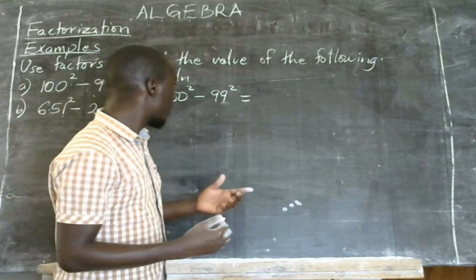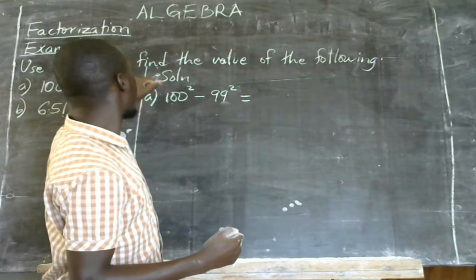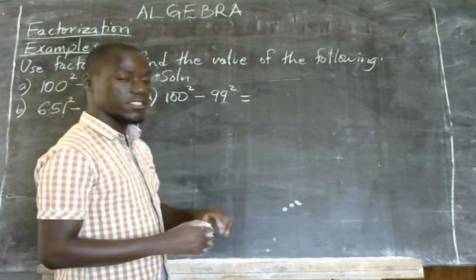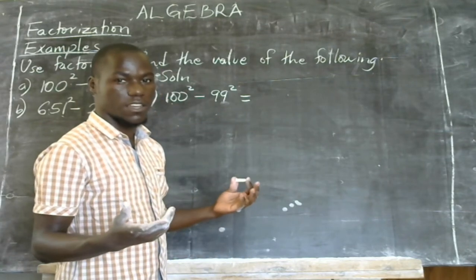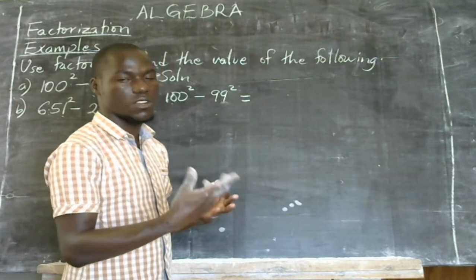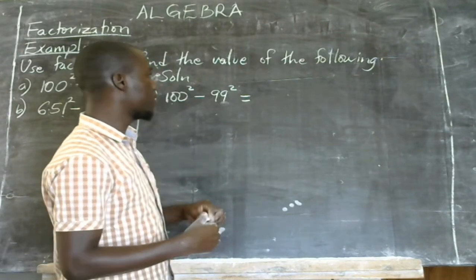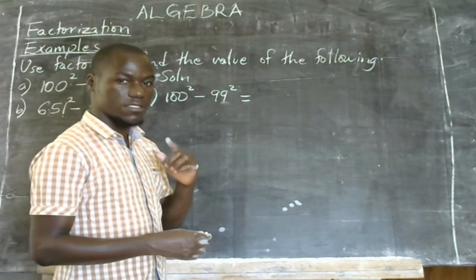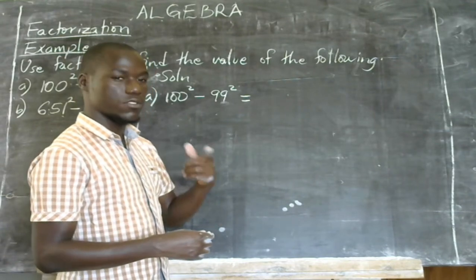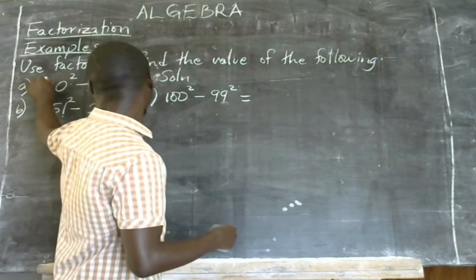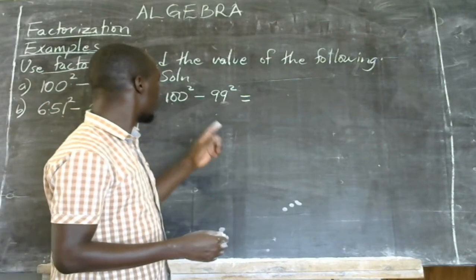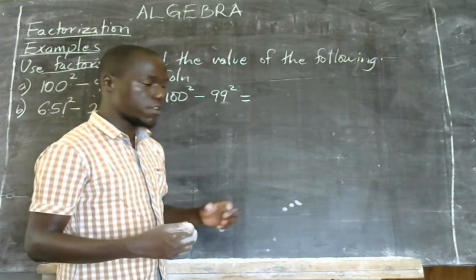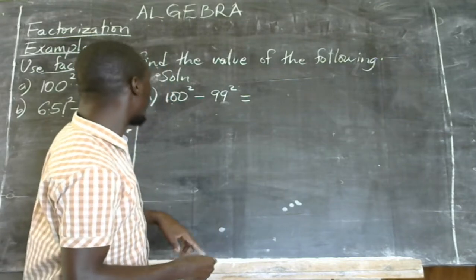Now the examiner can add on something like, without using tables or calculator, evaluate or find the value of such a number. So that is when you should know that you'll be using factors to solve or to evaluate such a number.